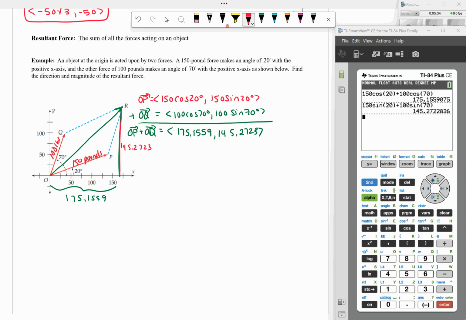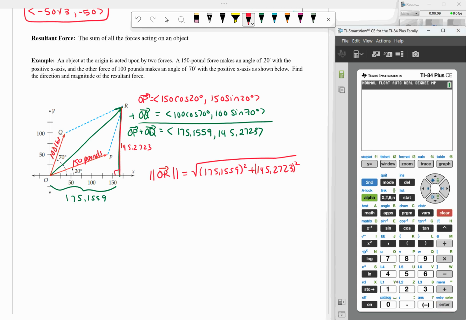If we want to find the direction and the magnitude of the resultant force, then we are going to have to use the Pythagorean theorem to find the magnitude. So the magnitude of the resultant, which we'll call OR, is equal to the square root of 175.1559 squared plus 145.2723 squared. Again, that's because this makes a right triangle here.